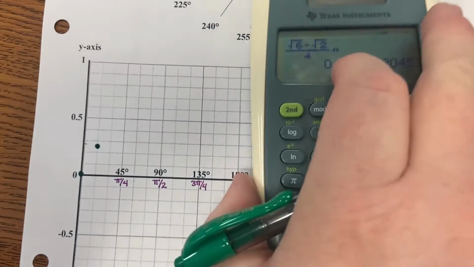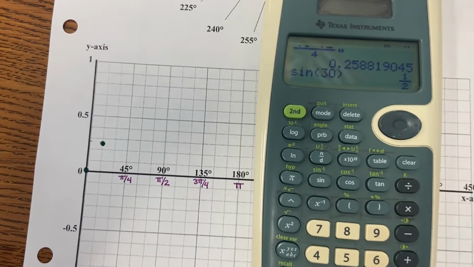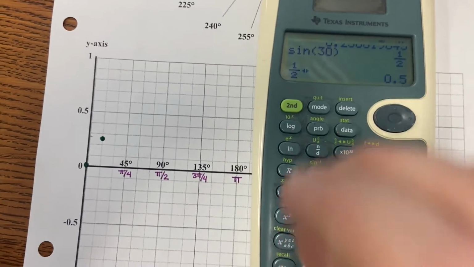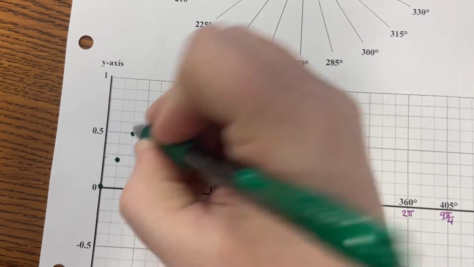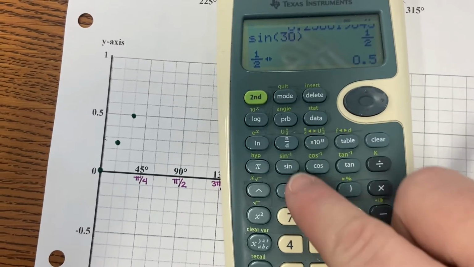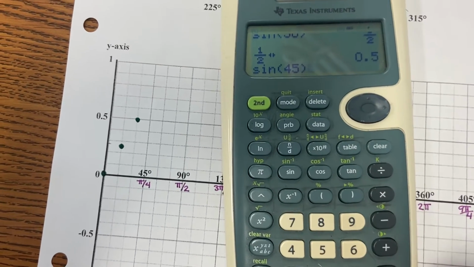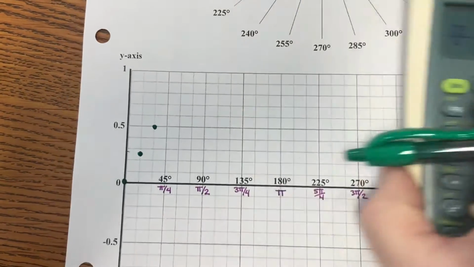Then I'm going to do the same thing for the sine of 30. And I'll hit double arrow, which is going to be 0.5, and I'm going to plot that point at 0.5. I'm going to do the same thing at 45, so the sine of 45. And as a decimal, I get 0.7-ish.